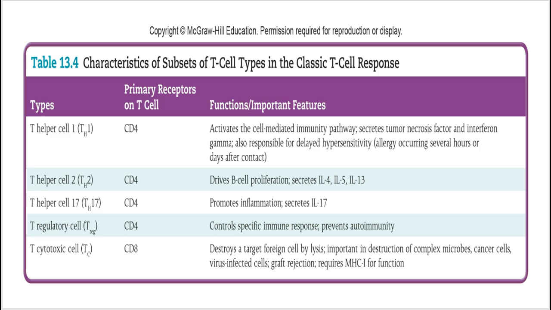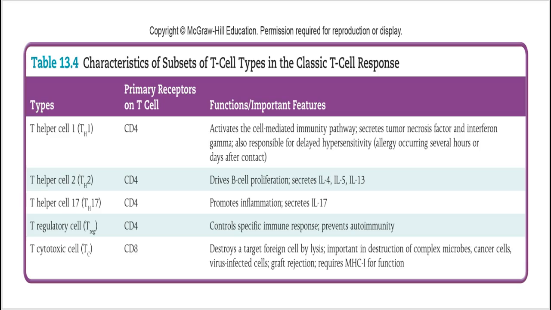This table is from your text, and it shows the types of T cells that differentiate from an activated T cell, and what the receptor is, and then also the function and features of that cell type.